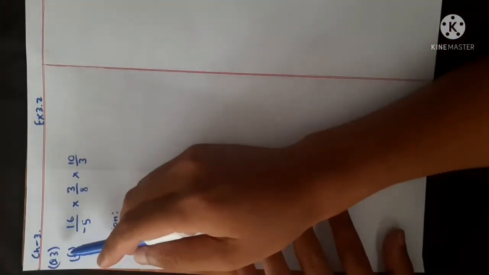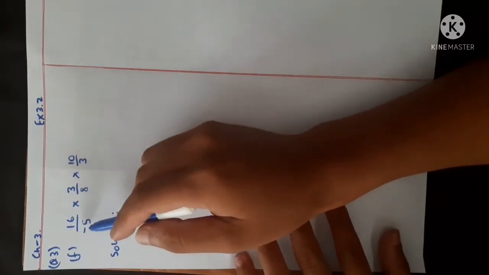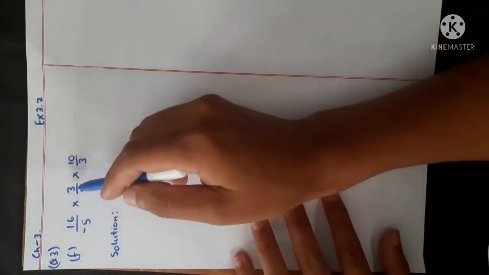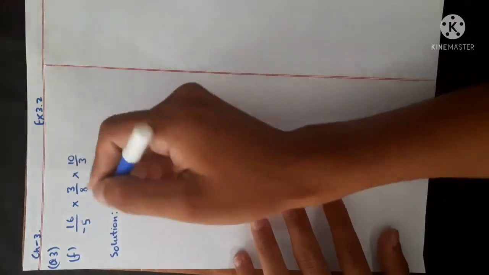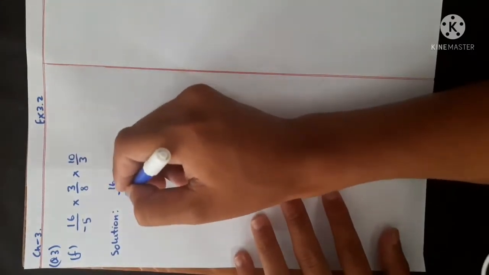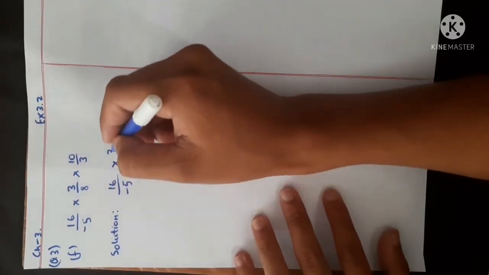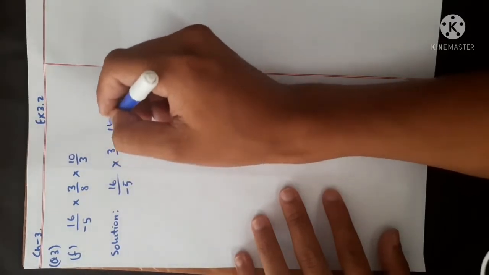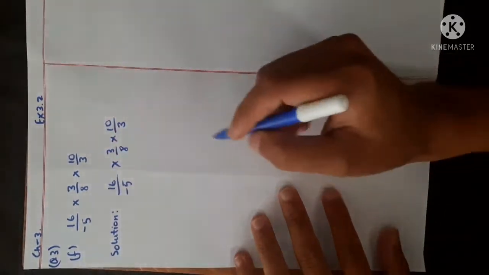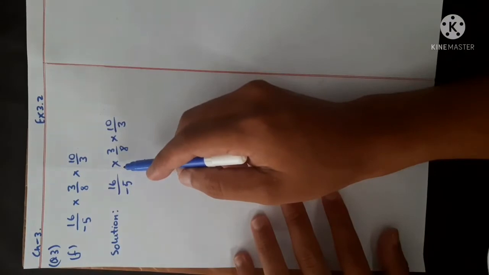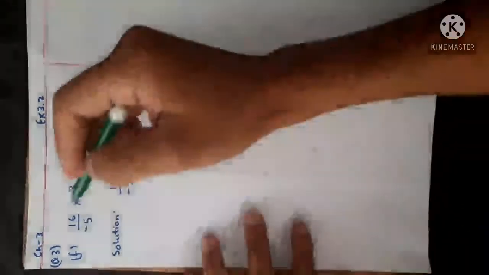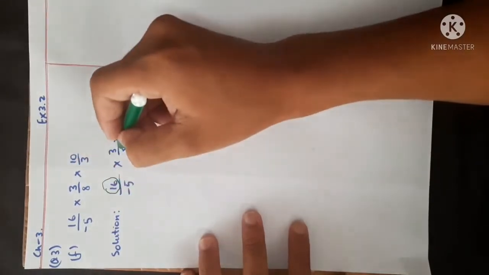This is from question number 3F. 16 divided by minus 5, multiply 3 by 8, multiply 10 by 3. Again in here, we see that there is a common divisor between 16 and 8, isn't it?